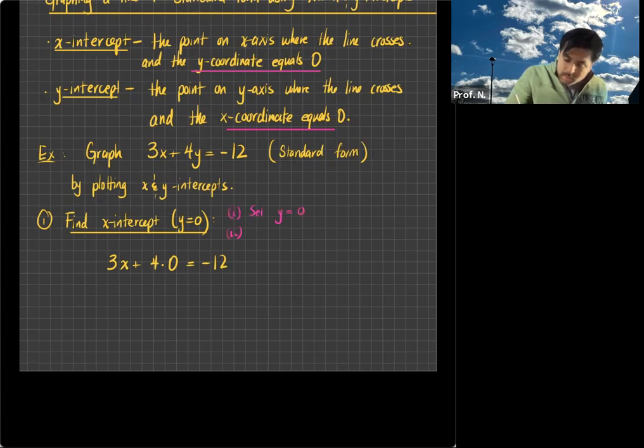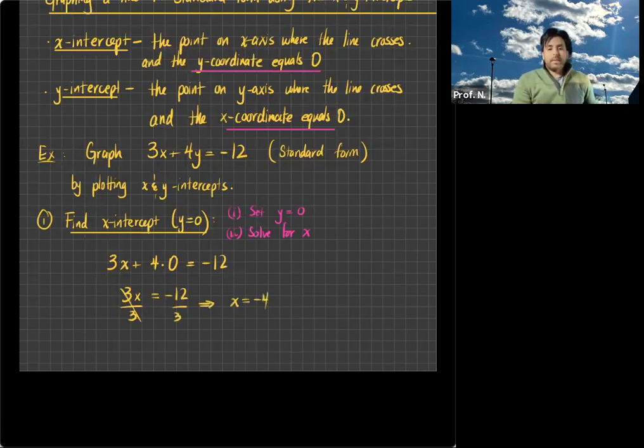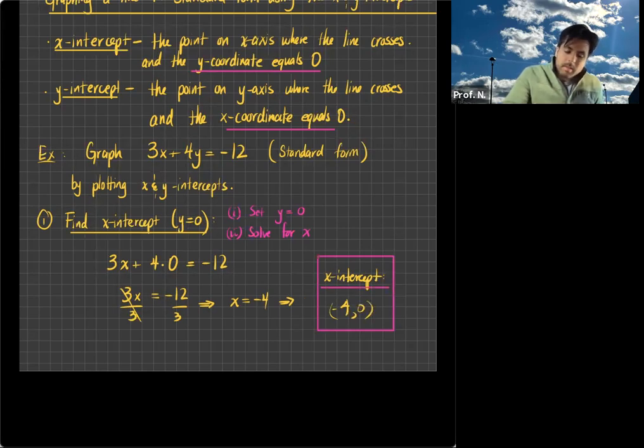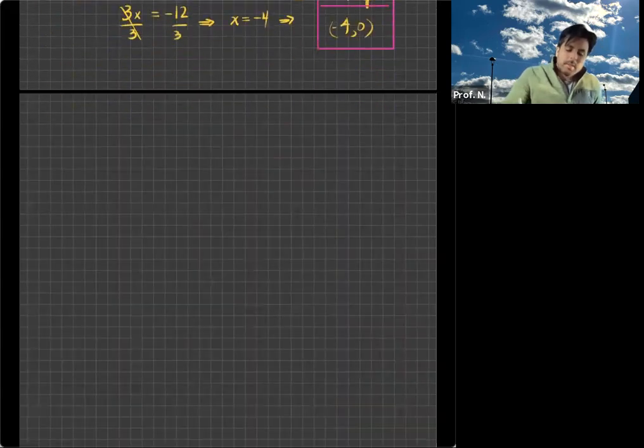And the second thing is solve for x. So this becomes 3x equals negative 12, divide by 3, divide by 3. And I get that x equals negative 4. So then, what's my x-intercept? It's going to be negative 4 comma 0. So that's the first piece of information that I have. That's the x-intercept.